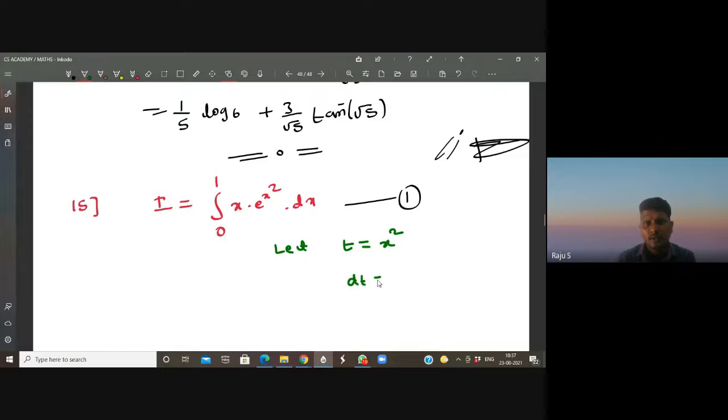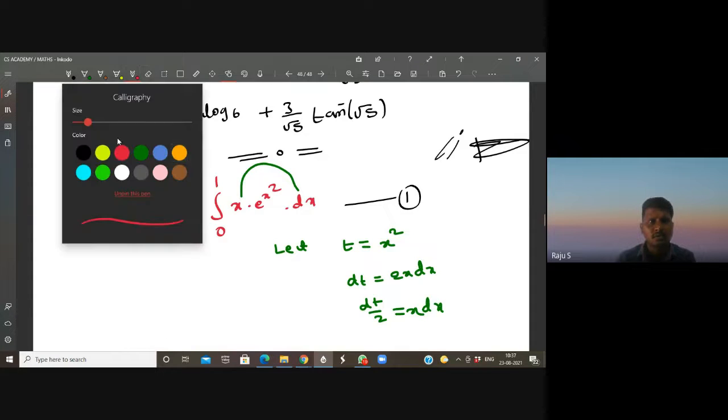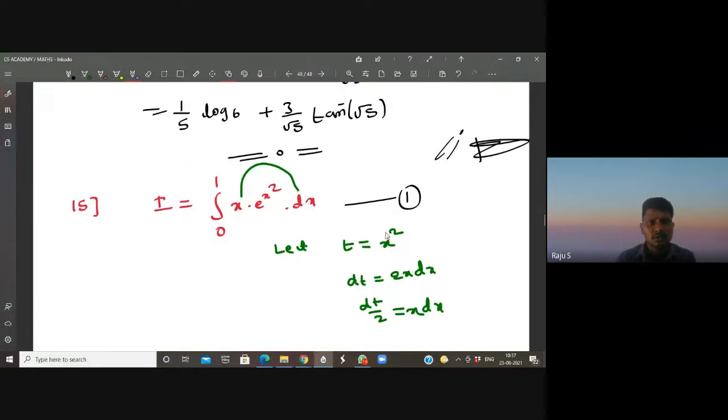Then dt is equal to 2x dx. Am I right? 2x dx. See, already x dx is there here. What is dt by 2 is x dx. Fine. This is about dx and x square.